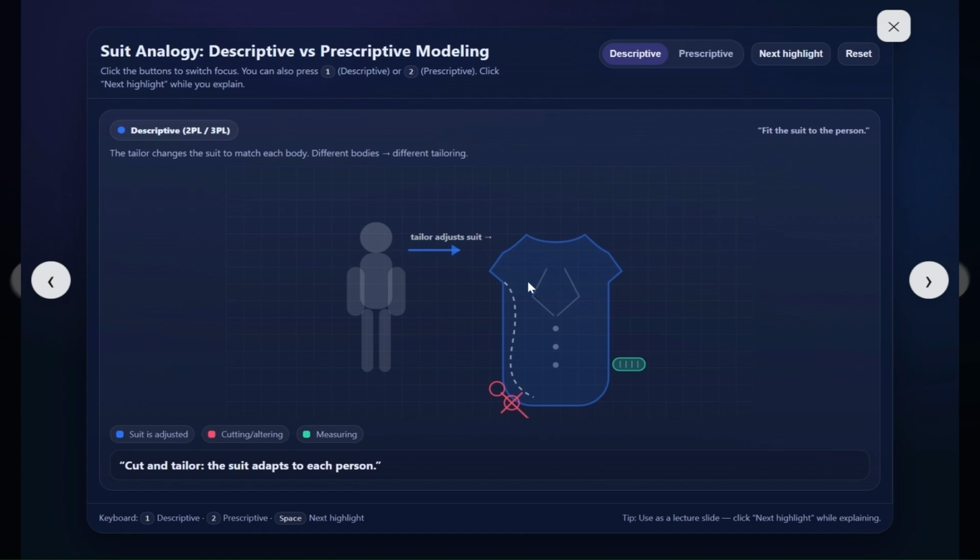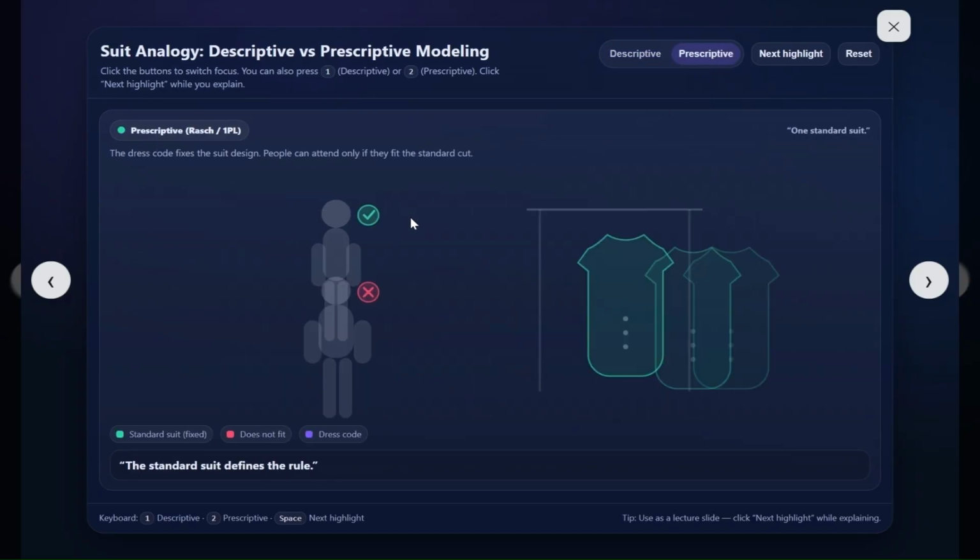The Rasch model is prescriptive most of the time. What we mean by prescriptive is like when there is a party and they tell people that they should wear a certain style of suit whose maximum size is, let's say, large, or suits that should come from this shop, and this shop only has suits of maximum size large.